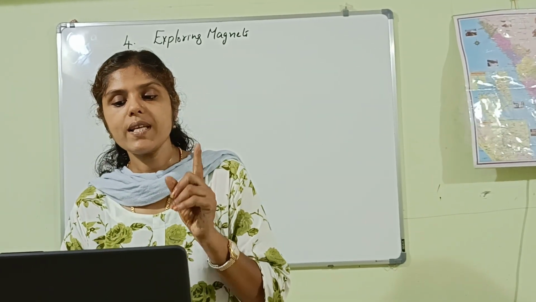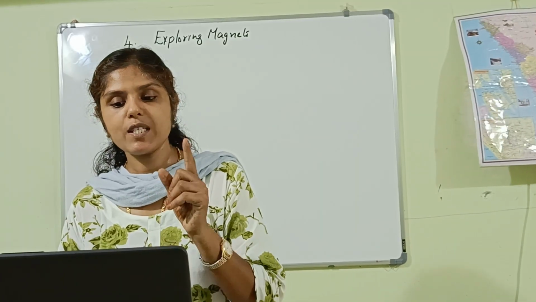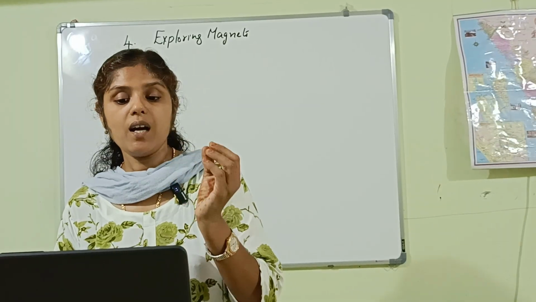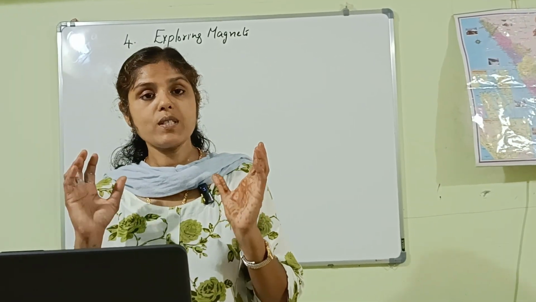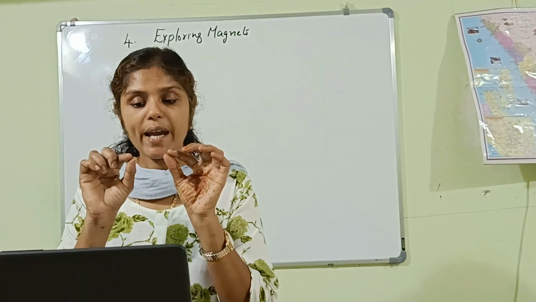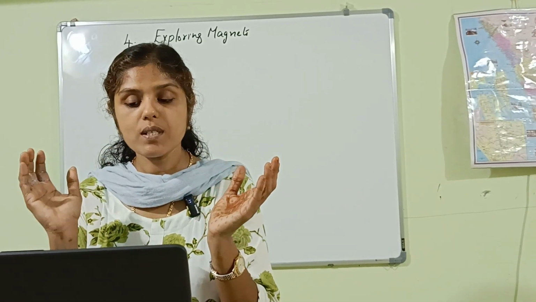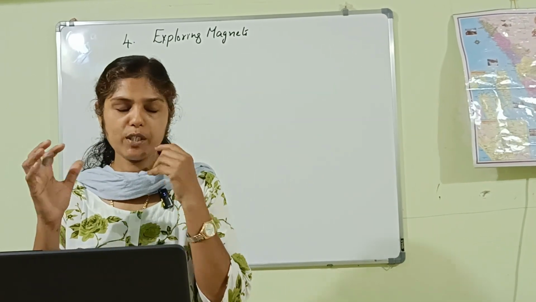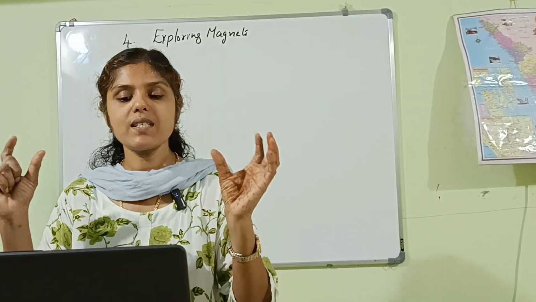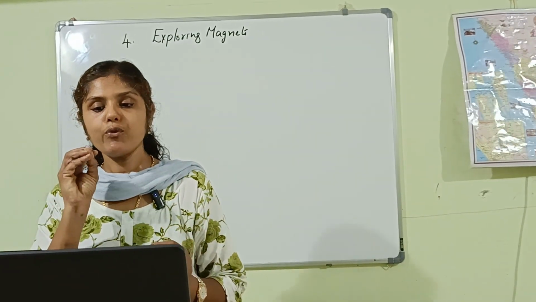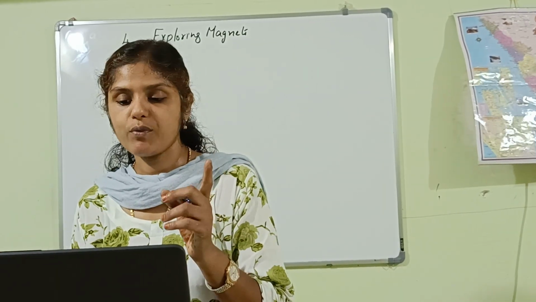Iron filings mostly stick in the middle of a bar magnet which is brought near them. While conducting the activity with iron filings and a bar magnet, you can see that the iron filings stick mostly towards the poles of the bar magnet, and very few filings stick to the middle of the bar magnet.